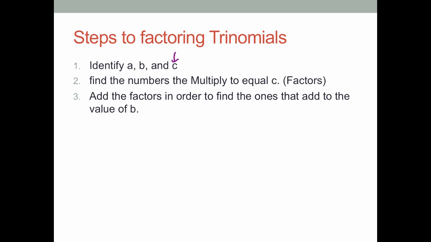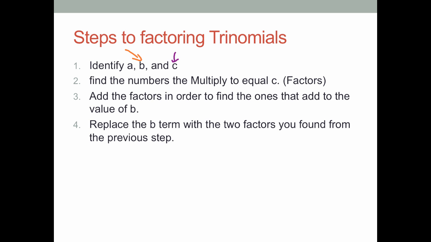We then take the factors and add them, and when we add them, it should come up to be the value of b. Then when we find the value that adds to b, we replace the b term with those two factors. And then we factor by grouping like we did before. And then if there's an equal sign, we solve if necessary.